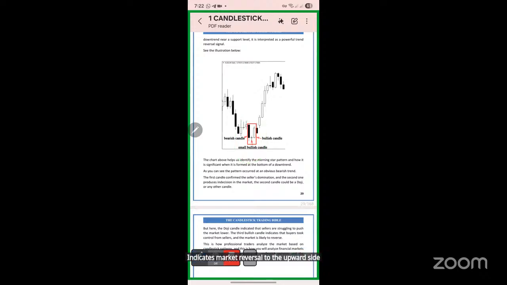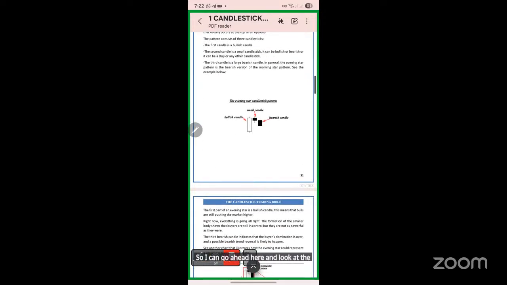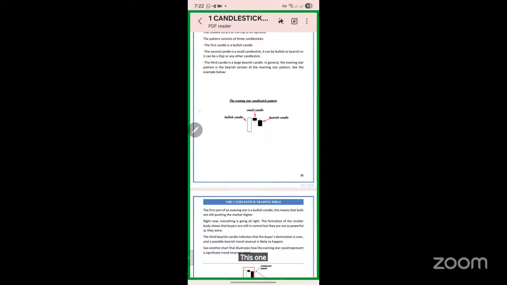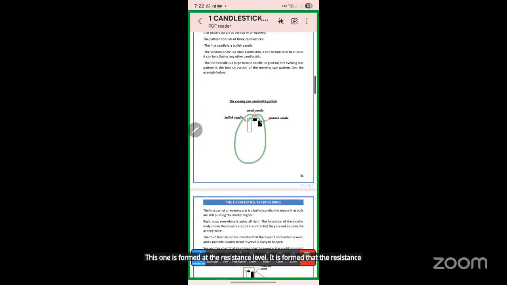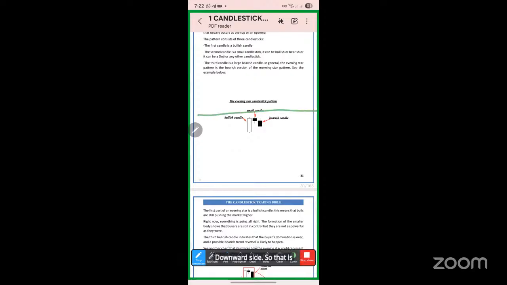As simple as that. So we can go ahead here and look at the evening star. The evening star is the opposite of the morning star. The other one indicates reversal to the upward side. This one is formed at the resistance level, and it indicates reversal to the downward side. So that is our resistance, and this is our support.